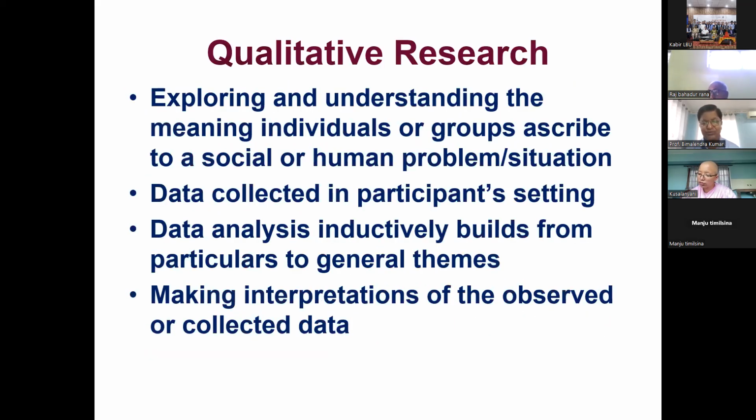Now we are coming to qualitative research. This is mainly in our Buddhist studies or languages like Pali literature, Buddhist Hybrid Sanskrit, or Buddhist Sanskrit texts.